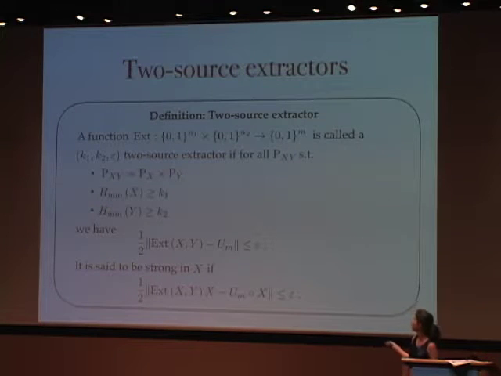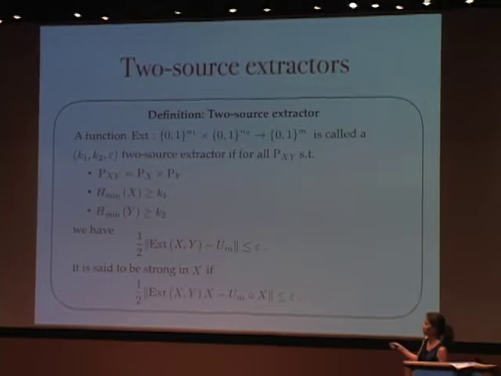Okay. So here is the formal definition of a two-source extractor. Okay, so it's a function from the two sources. So here we have the first source over n1 bits, and the second source over n2 bits, and we create out of it a uniform distribution over m bits. Okay, and we call it a (k1, k2, epsilon) two-source extractor if for all distributions over the sources that fulfill these conditions.